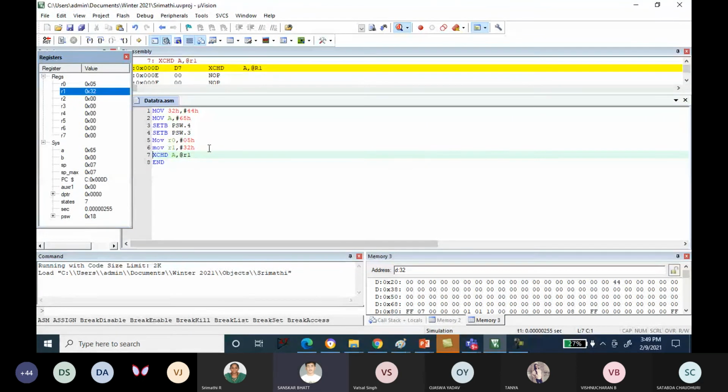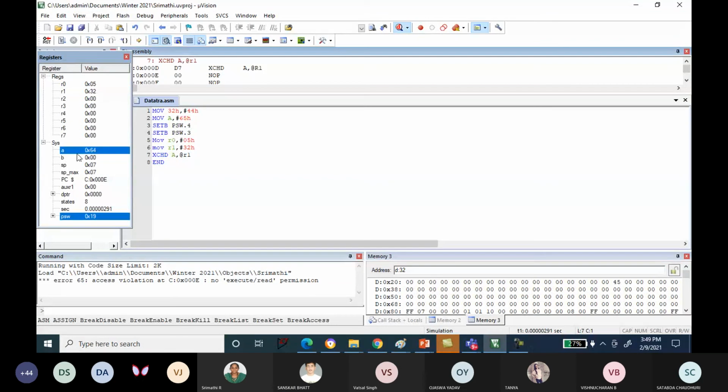The upper nibble retains as such, so A will be 64H. I'll execute it and show you.